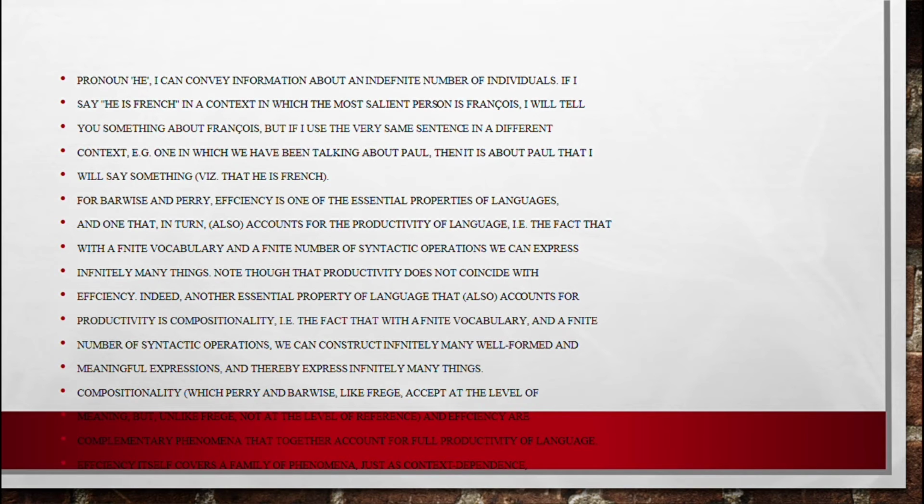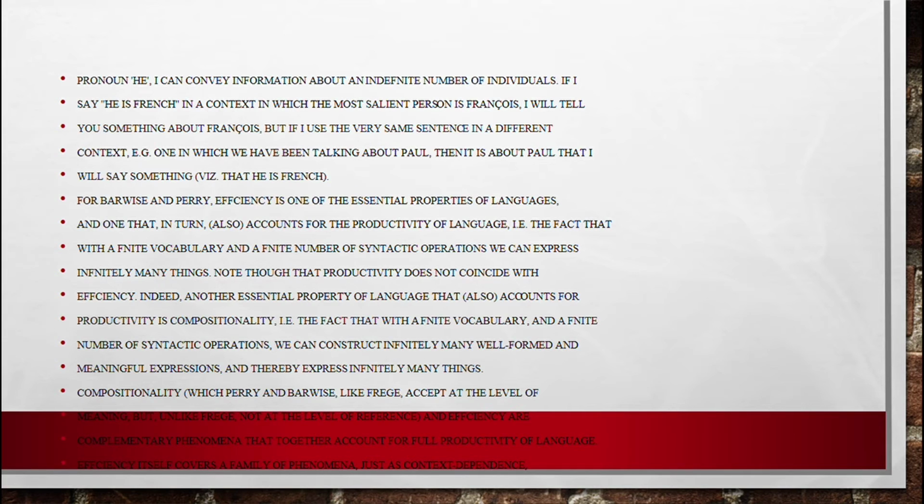Note though that productivity does not coincide with efficiency. Indeed, another essential property of language that also accounts for productivity is compositionality, the fact that with a finite vocabulary and a finite number of syntactic operations we can construct infinitely many well-formed and meaningful expressions, and thereby express infinitely many things.